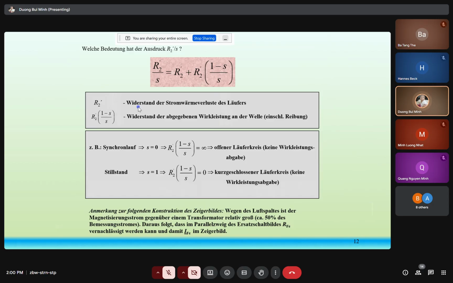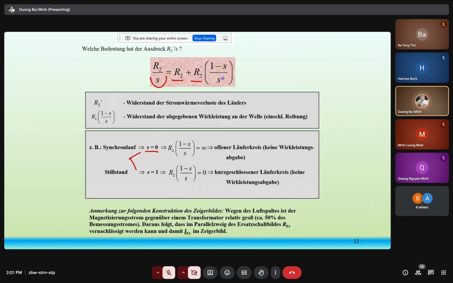You know this before, right? We analyze R2 prime over S as R2 prime plus R2 prime times (1 minus S) over S. So we have two cases.